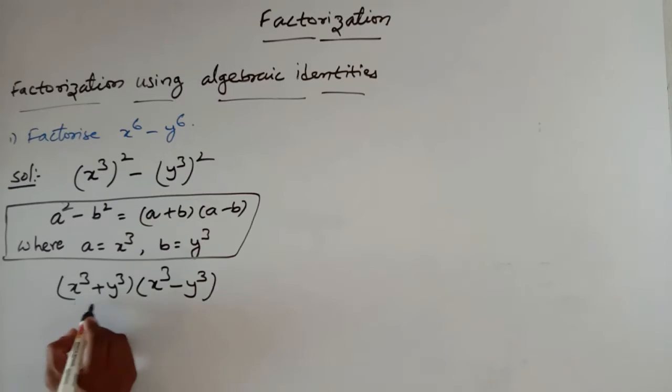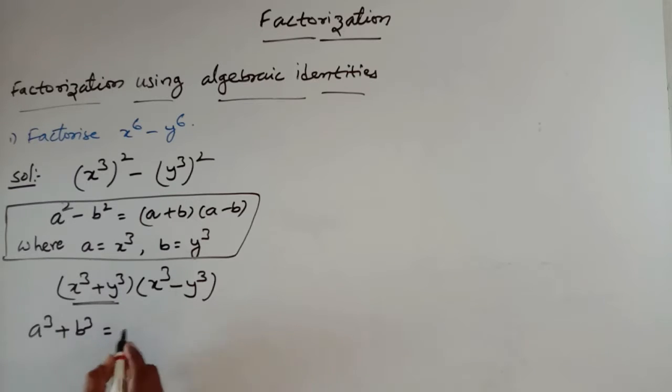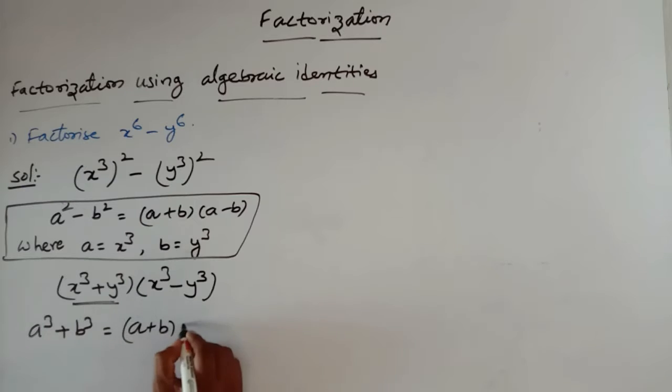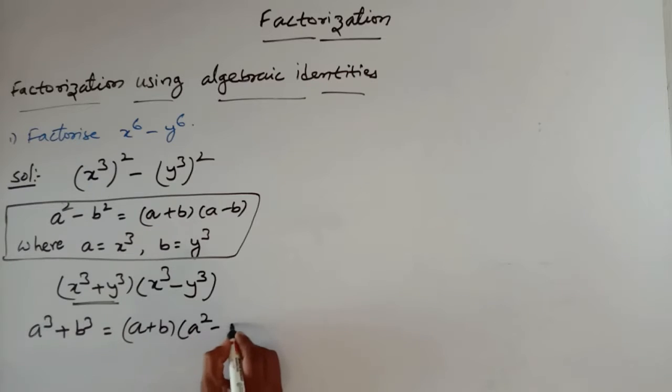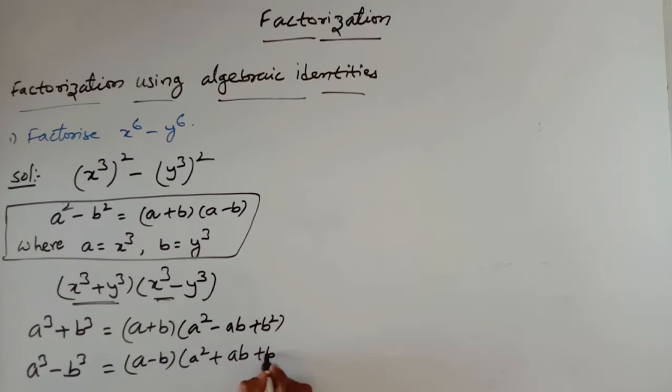Okay, children. Again, here x cube plus y cube is in the form of a cube plus b cube, which is equal to a plus b into a square minus ab plus b square. And a cube minus b cube is equal to a minus b into a square plus ab plus b square.